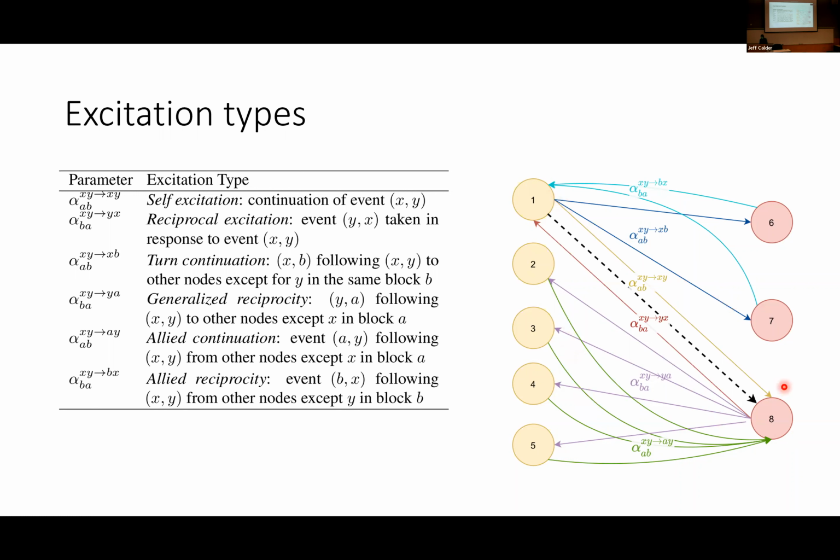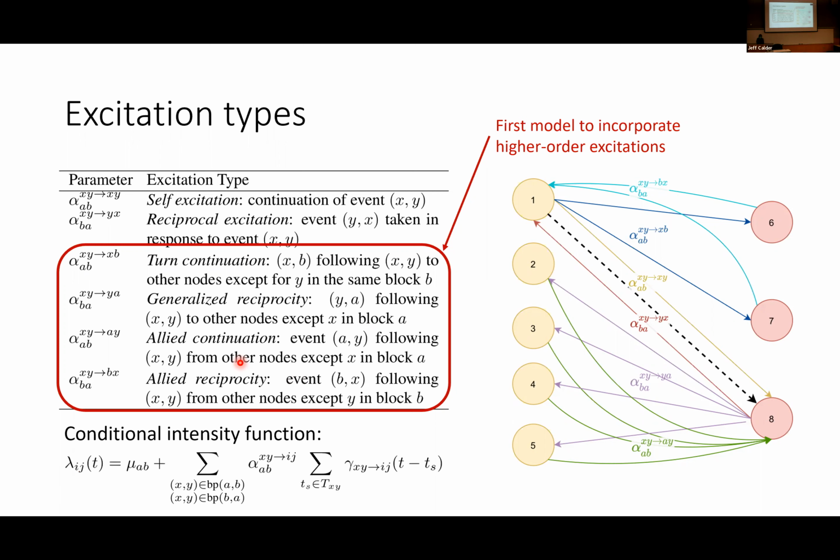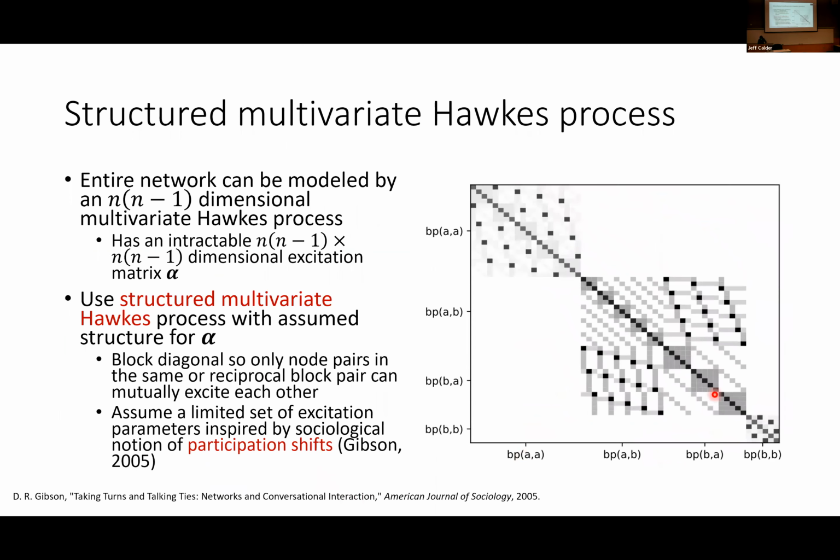So this example I'm using here is militarized disputes. We'll actually come back to that. What I want to point out here is that this is the first model to incorporate these higher order excitations, which were initially motivated by this notion of participation shifts from sociology. And so this gives us a very specific form for that conditional intensity function that leads to an excitation matrix that looks something like this.